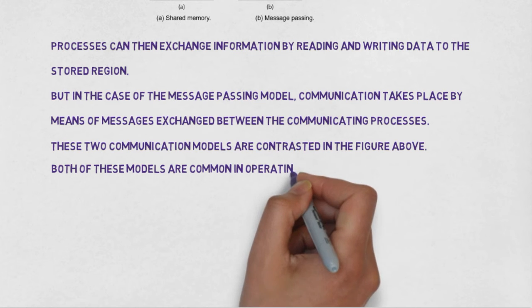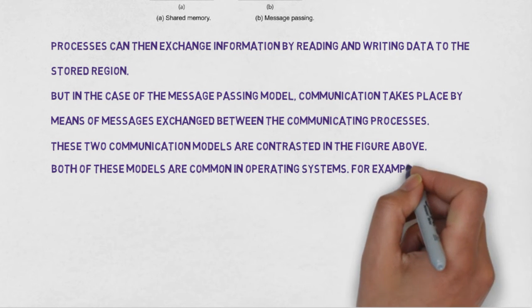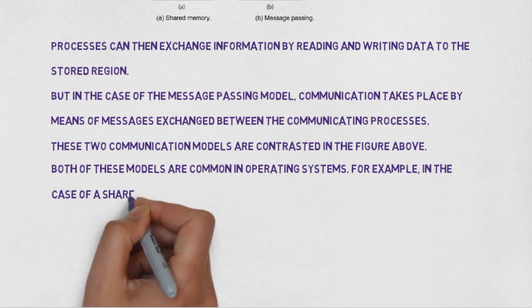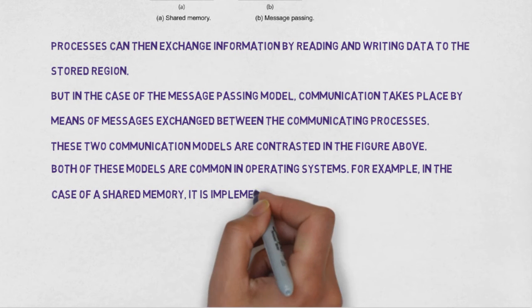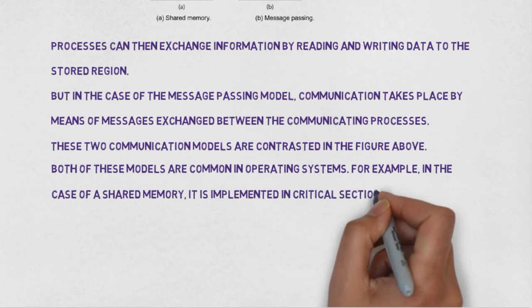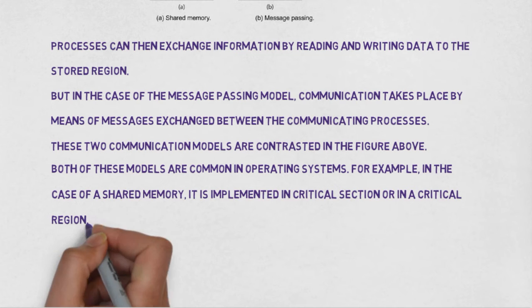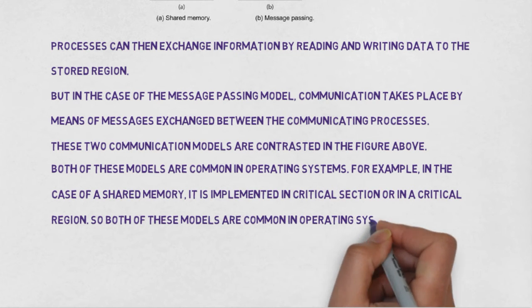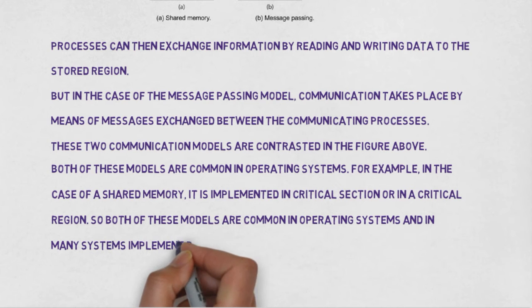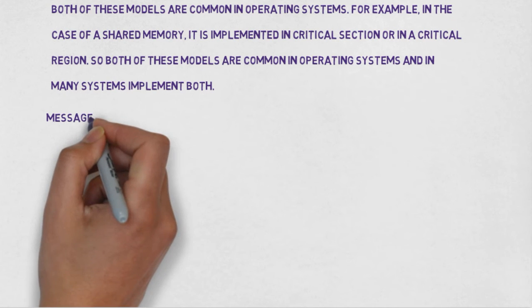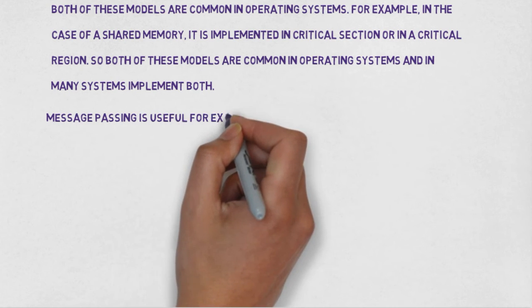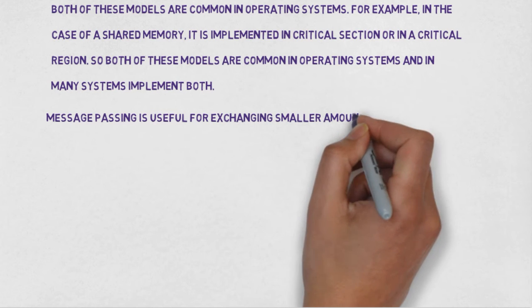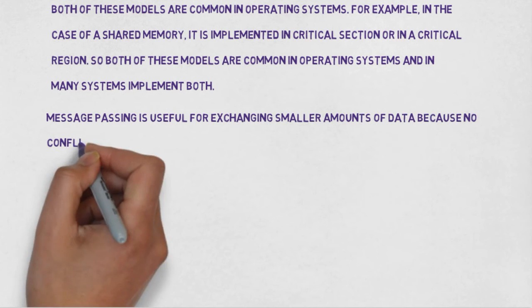For example, in the case of shared memory, it's implemented in a critical section or in a critical region. So both of these models are common in operating systems, and many systems implement both. Message passing is useful for exchanging smaller amounts of data because no conflicts need be avoided.